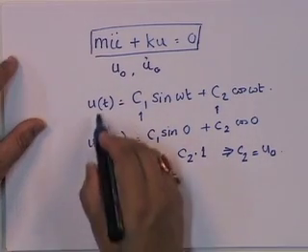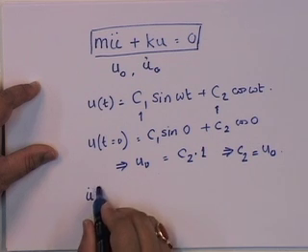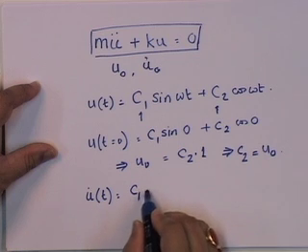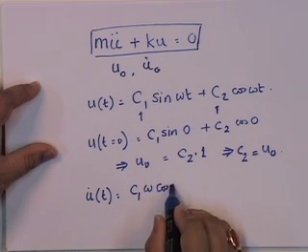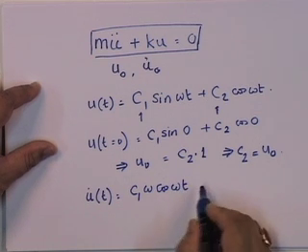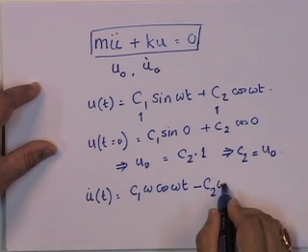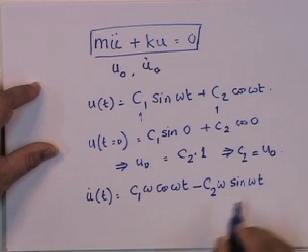For C1, we need to differentiate u of t. If you differentiate u of t, you get u dot of t is equal to C1 omega cosine omega t minus C2 omega sin omega t.